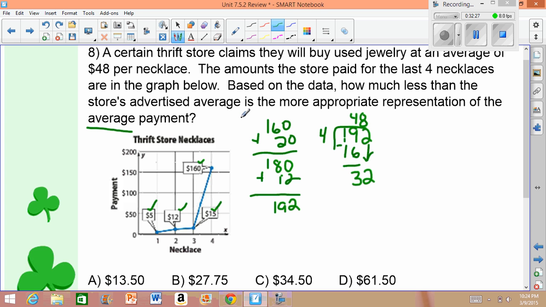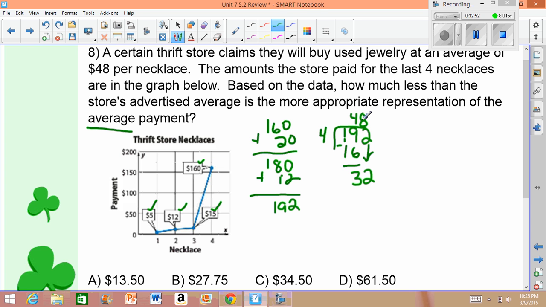But if we look at our data, most of our data is about $15 or less. And we have that one piece of data that's outside the normal. So that means the average is not the appropriate piece of data to use. So we're going to use some other pieces to check.